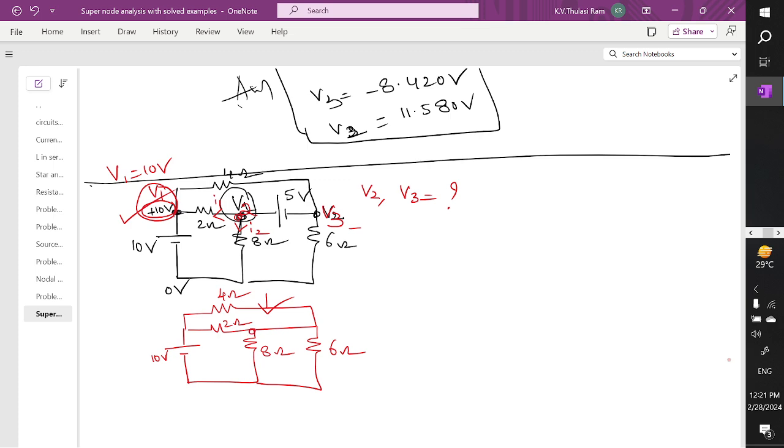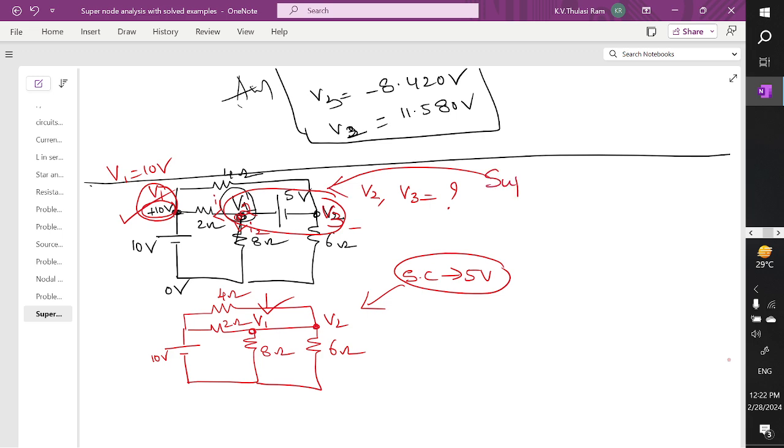So this is V1 and this is V2. We have to short circuit the 5 volt source, where this V1, V2, V3 branch is called the supernode.